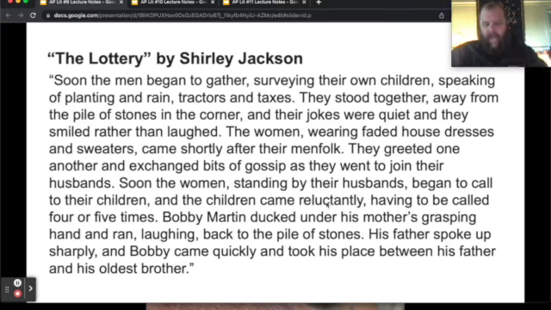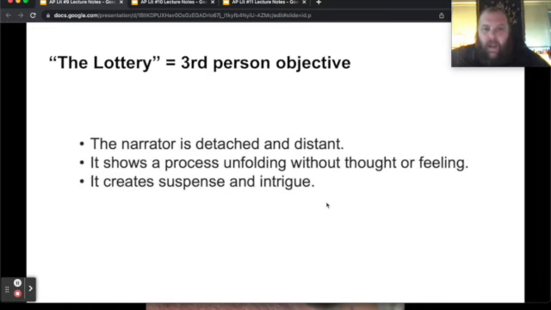They are not aware of any sort of hesitation in their hearts. They don't know the thoughts going through their minds, right? And so we can come to this conclusion that The Lottery is written in a third person objective point of view.